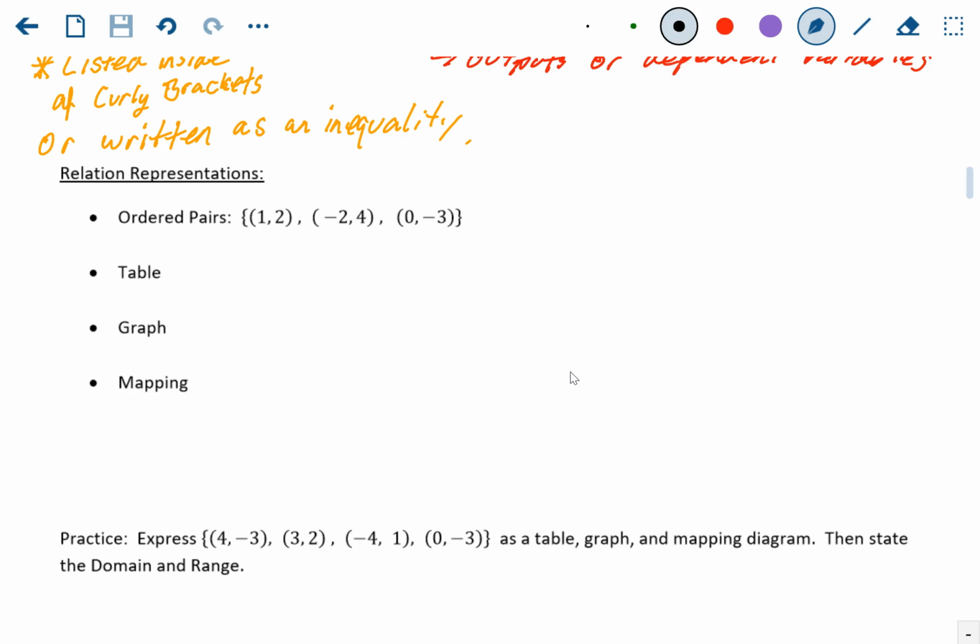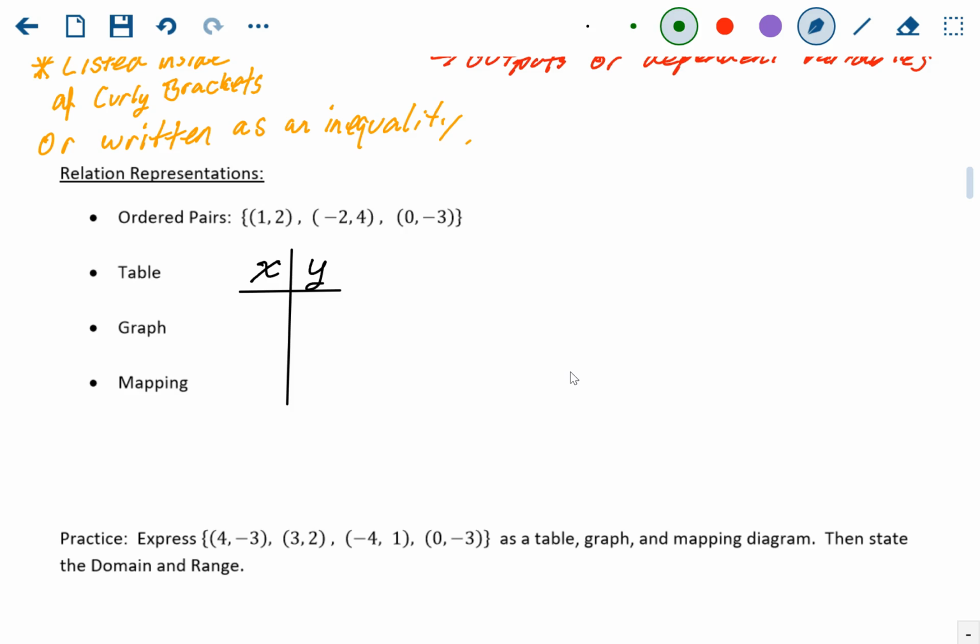Again, tables are very similar to ordered pairs. In the table, I'm going to do this one vertically. I'm just going to have an X column, vertical line, and then a Y column. And all you do to create the table is take the ordered pairs and list them out in the same order.